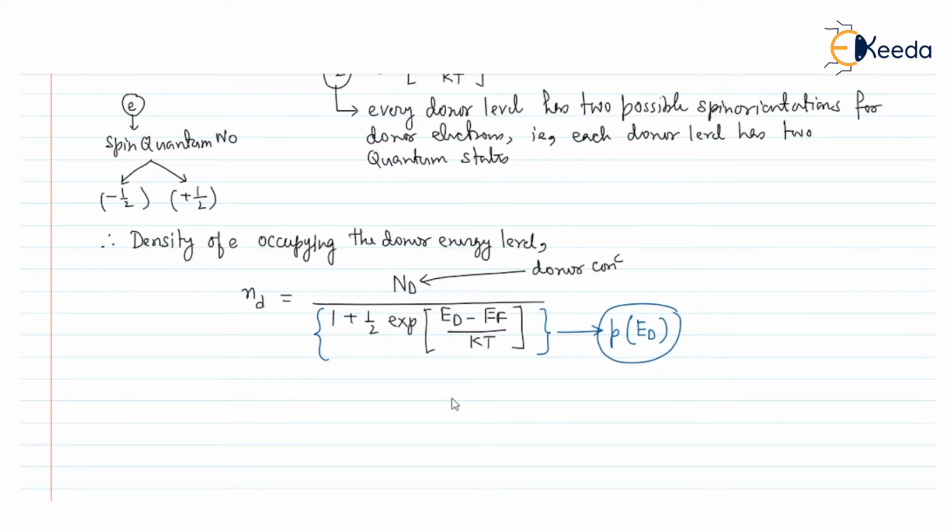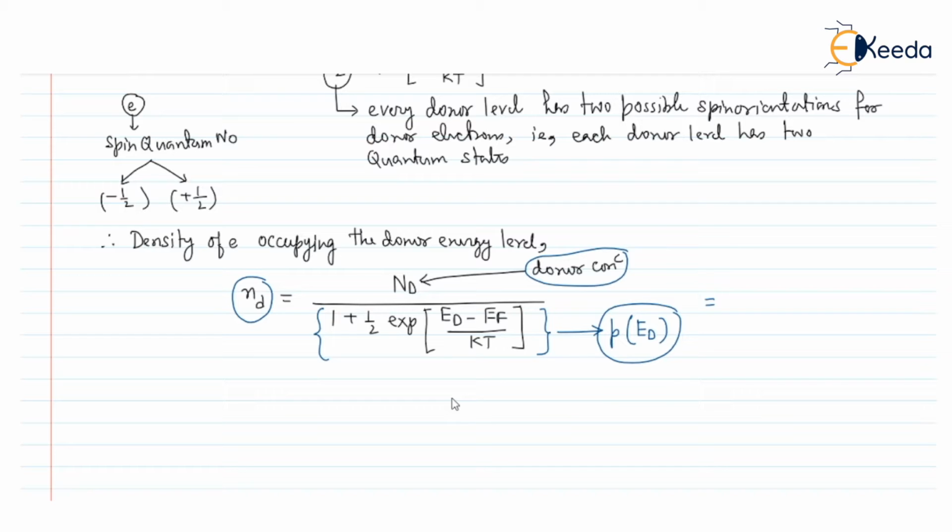So we can find the density of electrons occupying the donor energy level by multiplying the donor concentration by P of ED.